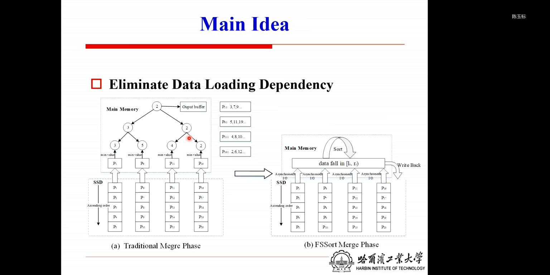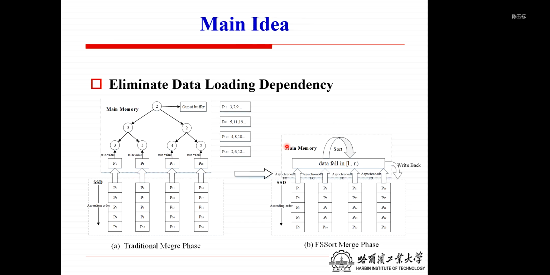As mentioned above, the difficulty of the external merge sort is the data loading dependence in the merge phase. If we can eliminate this dependency, the SSD internal parallelism can be utilized.